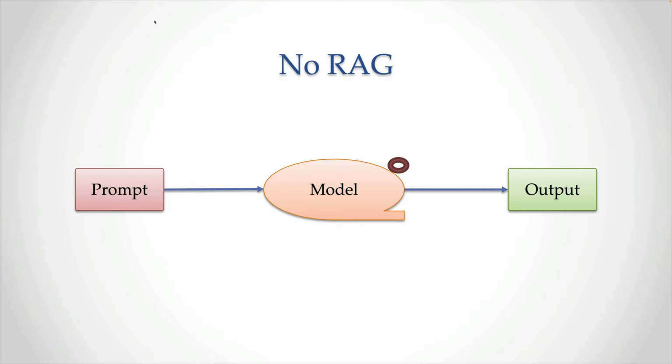So why would you want to use RAG? Well, the model that you're using was trained on some data that has a cutoff date. Anything that happens after that cutoff date, the model won't know about it.